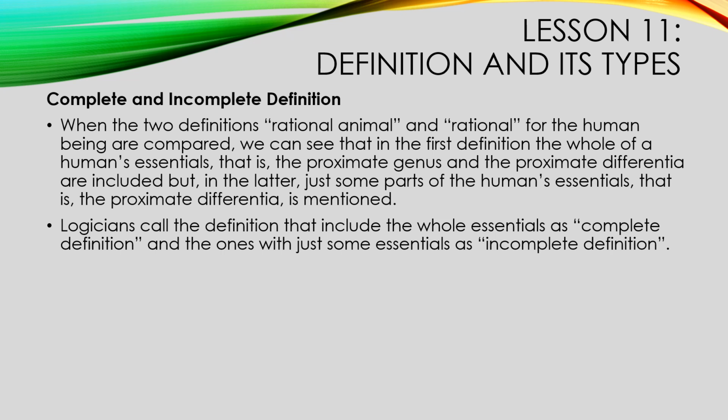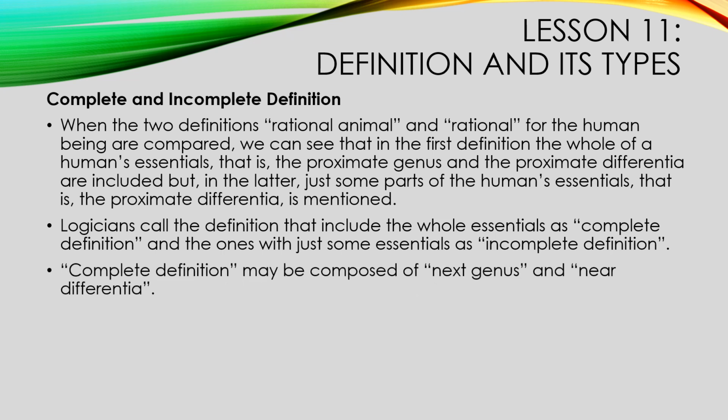Logicians call the definition that includes the whole essentials as complete definition, and the ones with just some essentials as incomplete definition. Complete definition may be composed of next genus or next or near differentia.